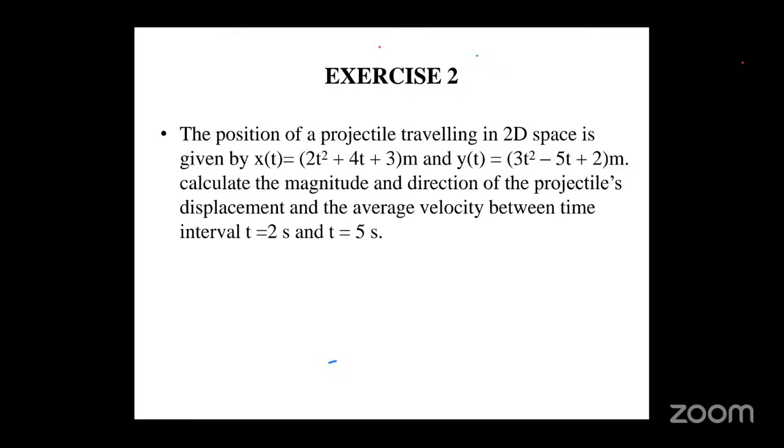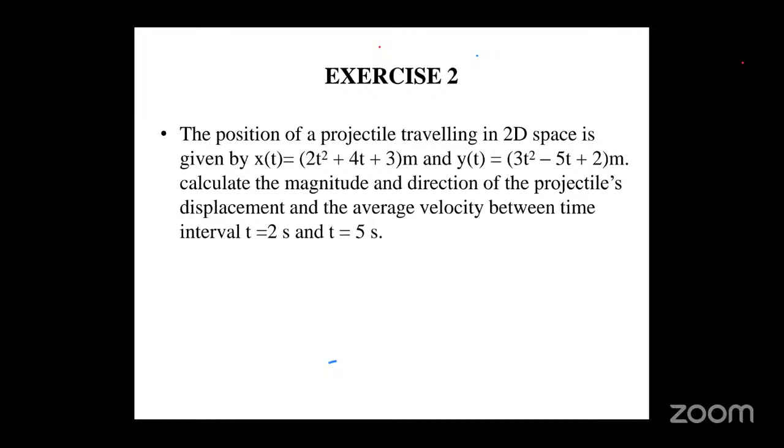So here we are given the position of a projectile traveling in 2D space, given by x of t equals 2t squared plus 4t plus 3 meters, and y of t is equal to 3t squared minus 5t plus 2 meters.